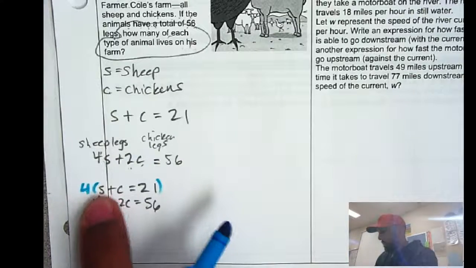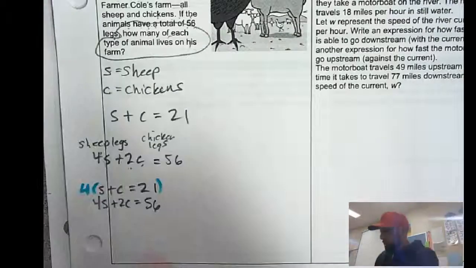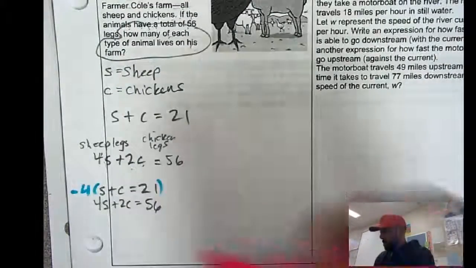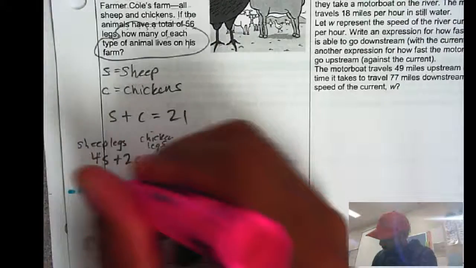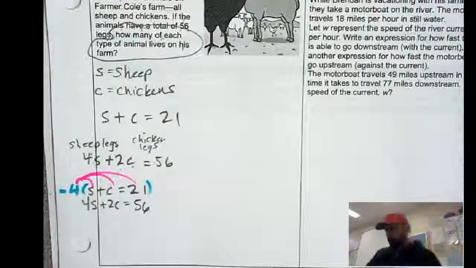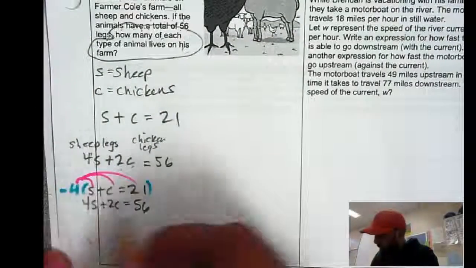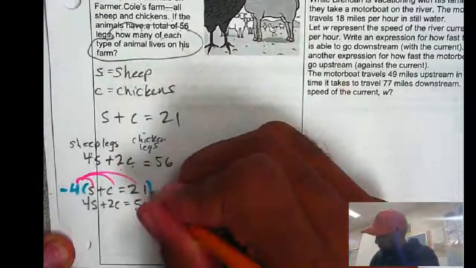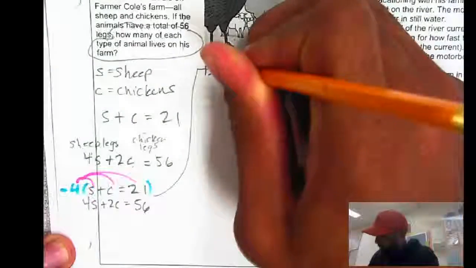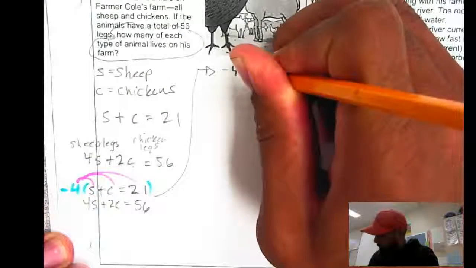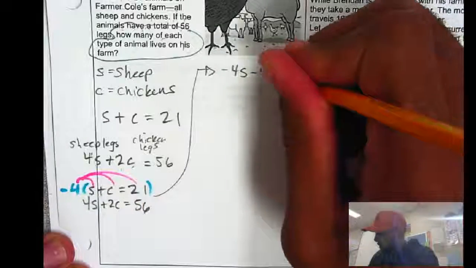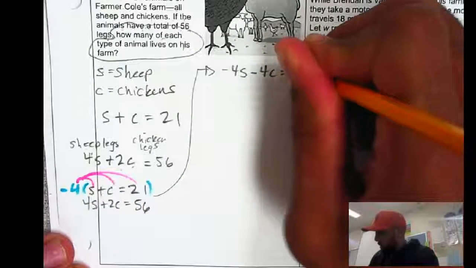If I multiply by just a 4, that's going to be 2 positives. I want 1 negative and 1 positive, so I multiply by negative 4. Now my equations are negative 4s minus 4c, and then multiplying the negative 4 there, negative 84.